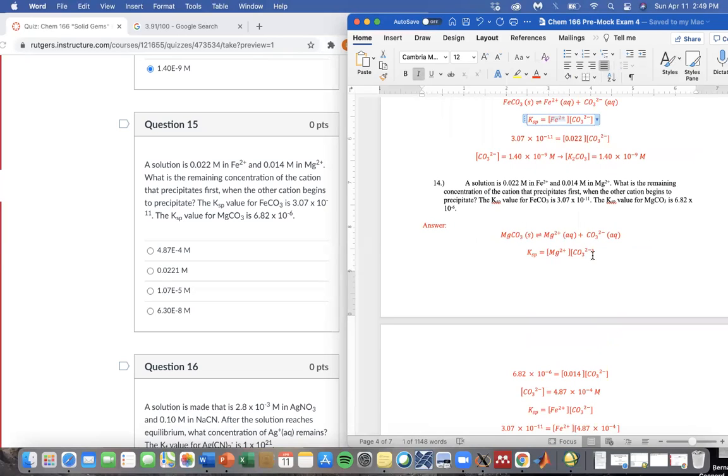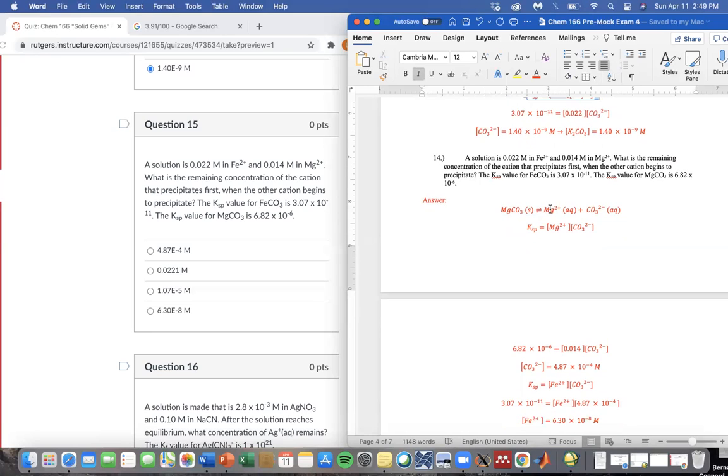And so what it's really asking you is, once you get the other cation to precipitate out, the concentration of your first cation is going to have decreased, because in order to have maintained equilibrium as the CO3 2- concentration kept increasing, your cation concentration is going to decrease a ton.